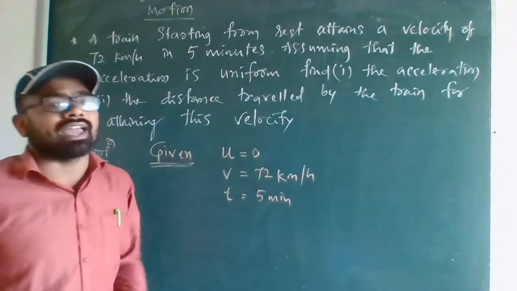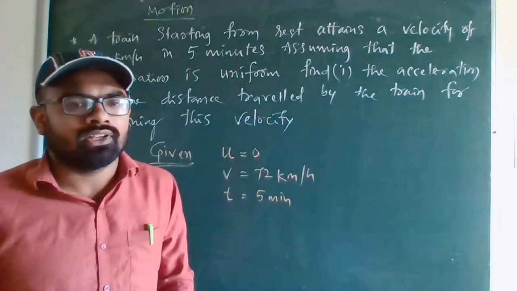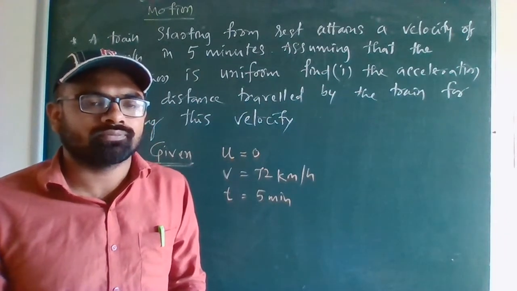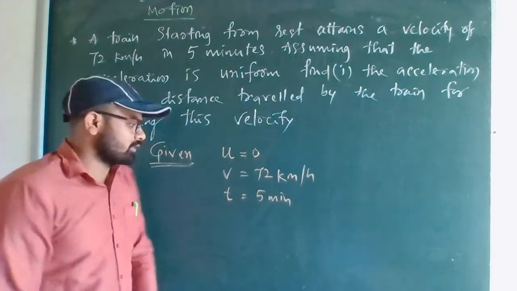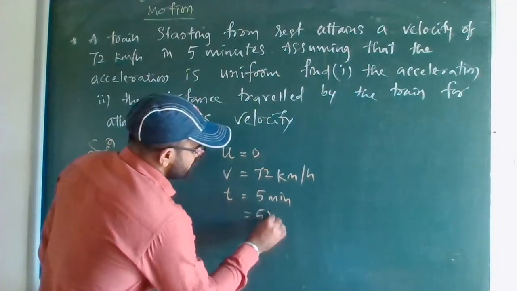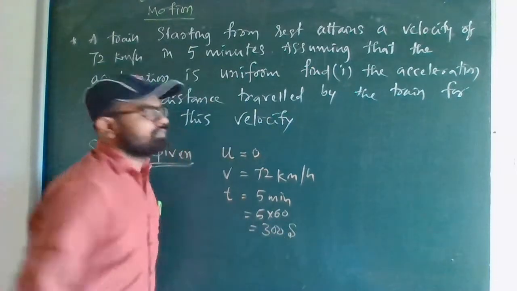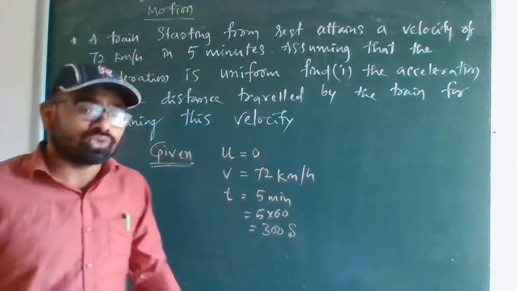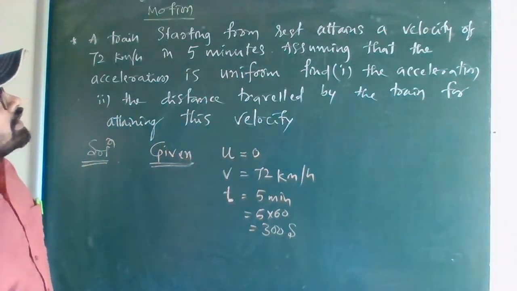Time is in minutes, and minute is not the SI unit of time. What is the SI unit of time? Second. So convert minutes to seconds: 5 into 60 gives 300 seconds. So time is 300 seconds.